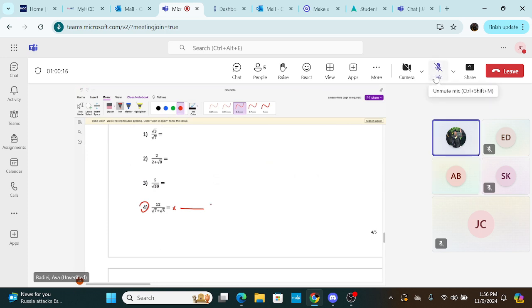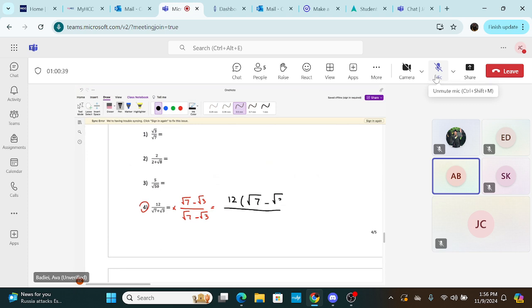Square root of 7 minus square root of 3. Yes, thank you. We multiply both numerator and denominator by that. So in the top, I'm going to have 12 times square root of 7 minus square root of 3.